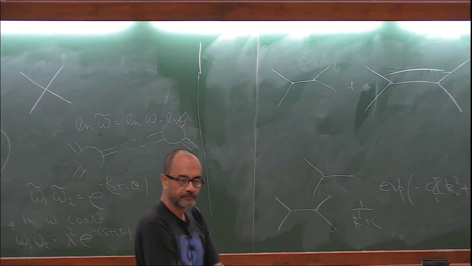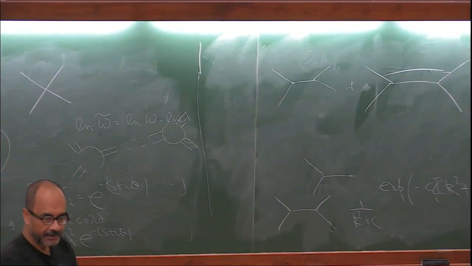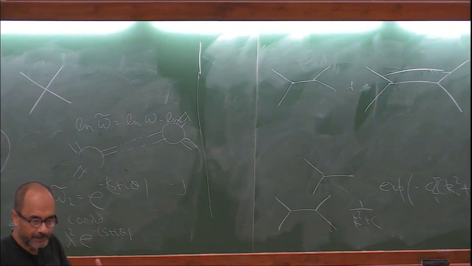But this action won't be unitary. It will be unitary in the sense that it will be real as long as the momenta are below the threshold. And because we have chosen to integrate out fields which you cannot produce in a given process.